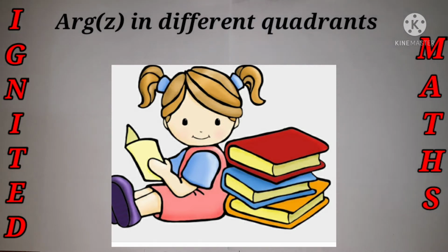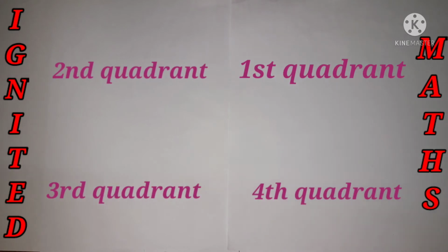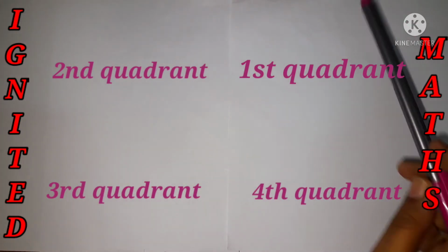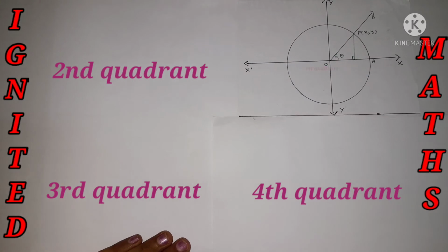So there are 4 cases: case 1, case 2, case 3 and case 4, which are the first quadrant, second quadrant, third quadrant and fourth quadrant. According to where P lies, the sign changes, and the argument, the theta value, also changes.